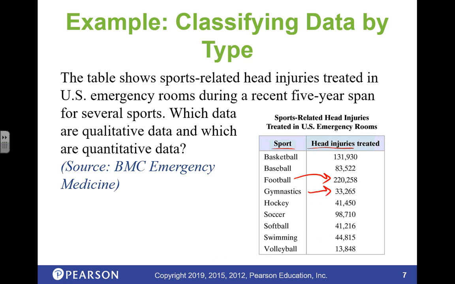Gymnastics, yes, gymnastics does have head injuries sometimes. People fall the wrong way, etc. But we would expect way fewer head injuries in gymnastics than in football. So the question is, which of these data are qualitative and which are quantitative?